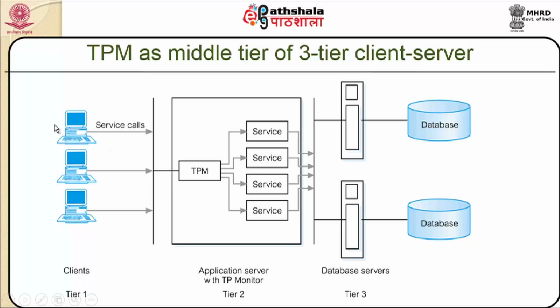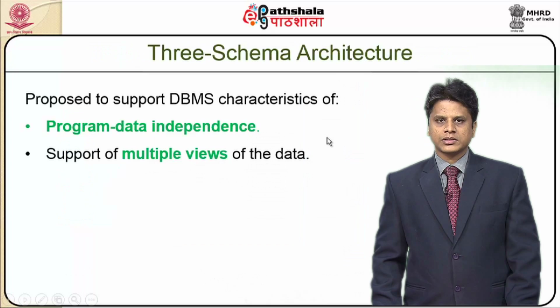There will be several service calls from the individual clients, which act as tier 1, and these service calls in turn will be mapped to a TPM, transaction processing monitor, and split into services to be requested from the database servers. So, the application server takes the responsibility of converting the actual request from the client, taking these service calls to the transaction processing monitor, splitting them into different service calls and loading them to the appropriate database servers.